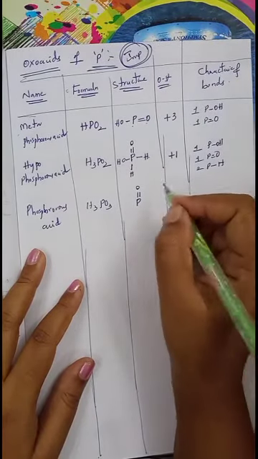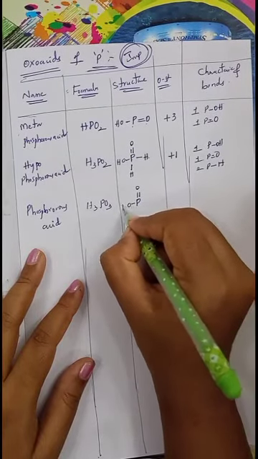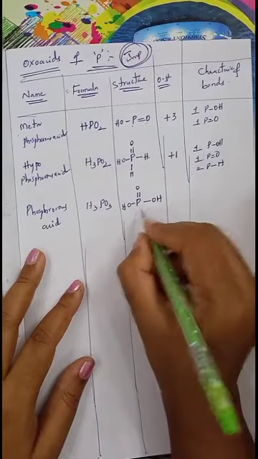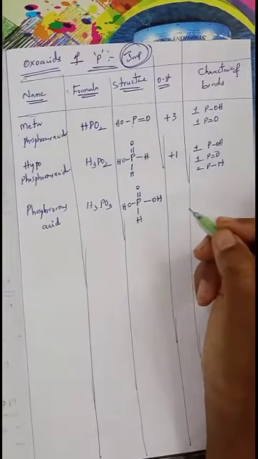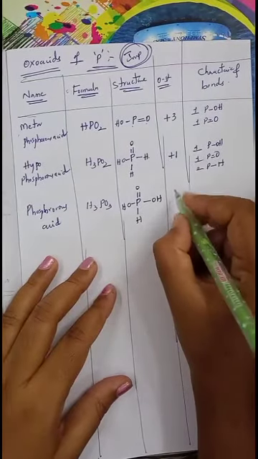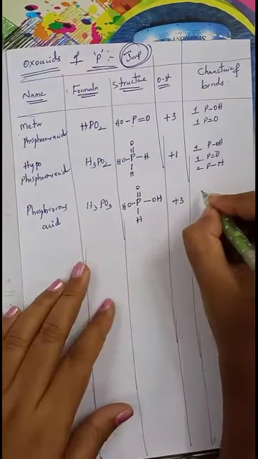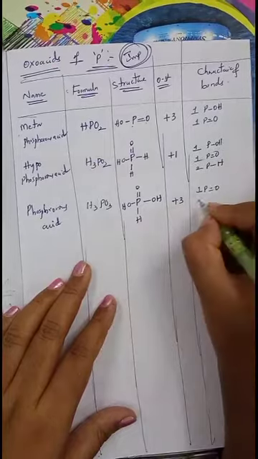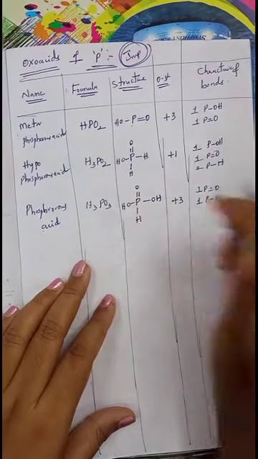Still 2 more oxygens are there. Those 2 oxygens combined with 2 hydrogens make 2 P-OH bonds. And one more hydrogen is there, that will make a single bond with the phosphorus. The oxidation state of phosphorus here is +3, and there is 1 P=O bond, 1 P-H bond and 2 P-OH bonds.